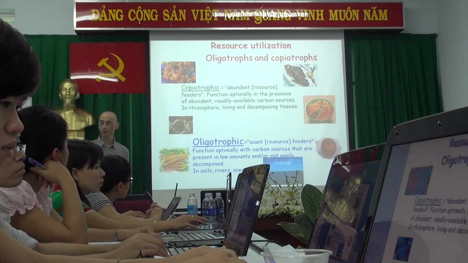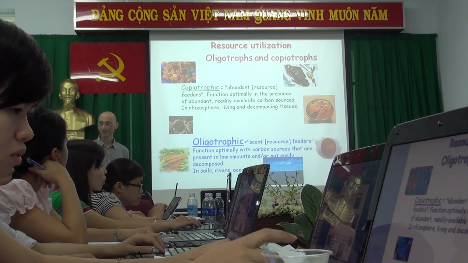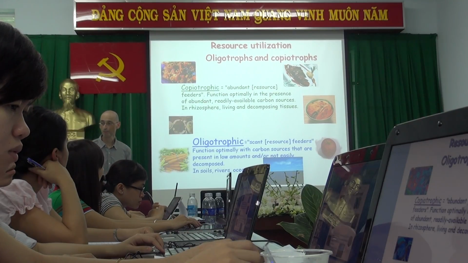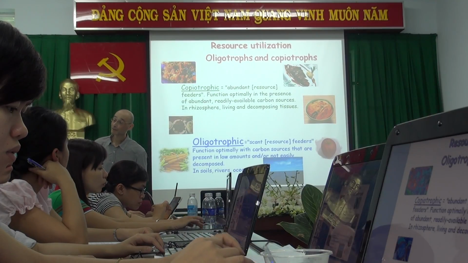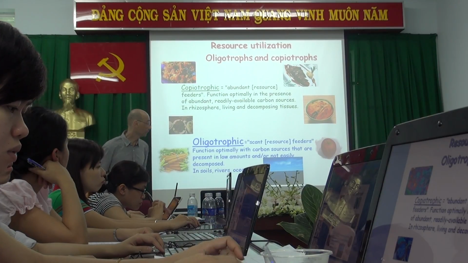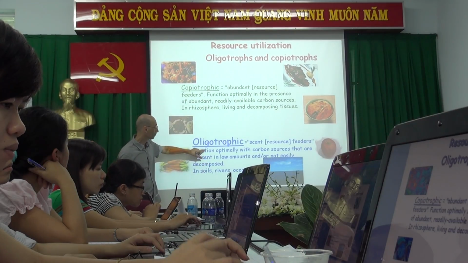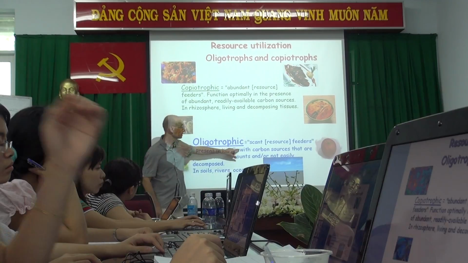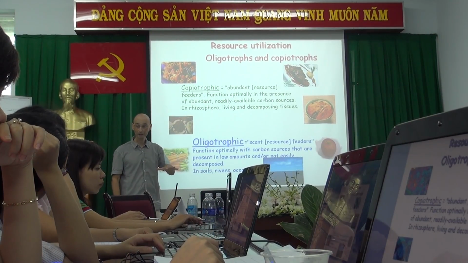The oligotrophs will grow faster. Why? Because they need more nutrients. Actually, they don't need a lot of nutrients. The oligotrophs function optimally when carbon sources are low, not many.